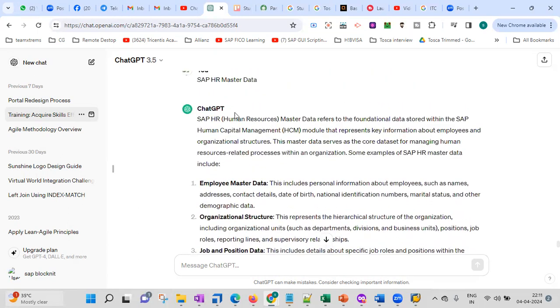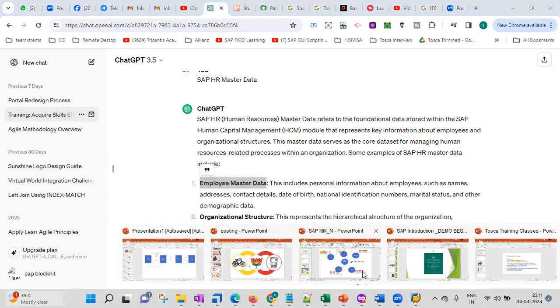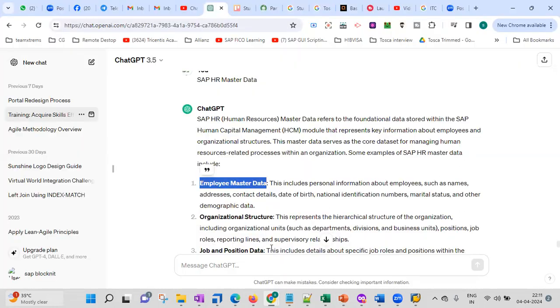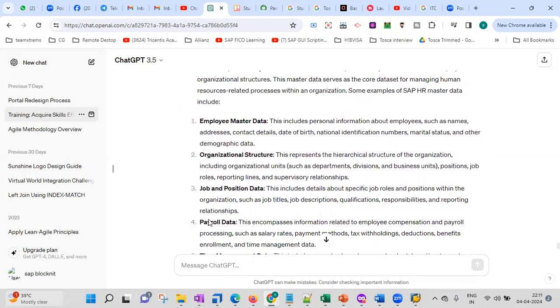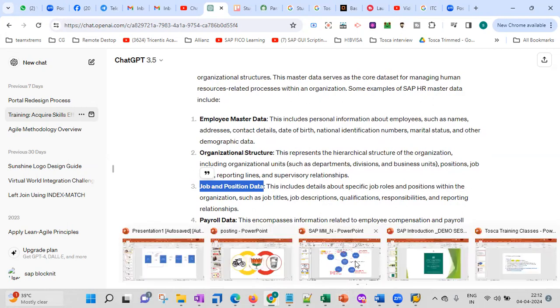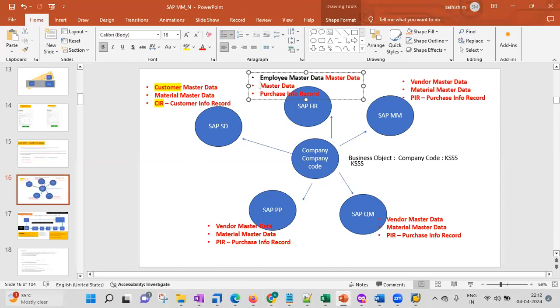In SAP HR, employee related information will be there. That's the reason the master data here is employee master data. Another one is organization structure, and you can see job and position is master data.